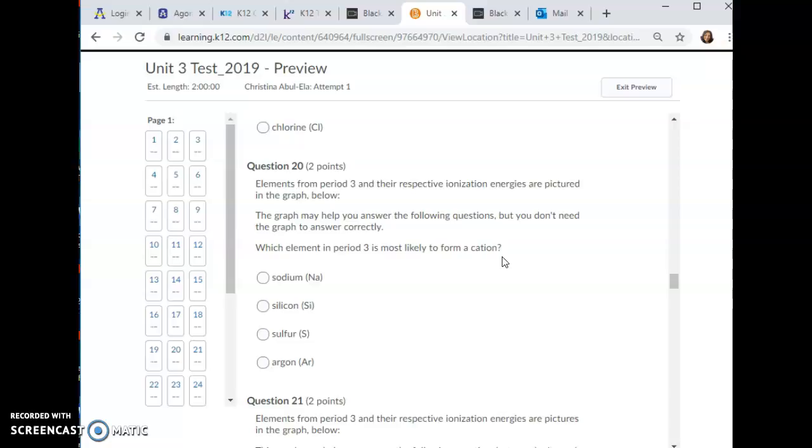Again, you can use the graph to help you answer the question, but you don't need the graph to answer the question. Which element in period 3 is most likely to form a cation? Sodium, silicon, sulfur, argon.